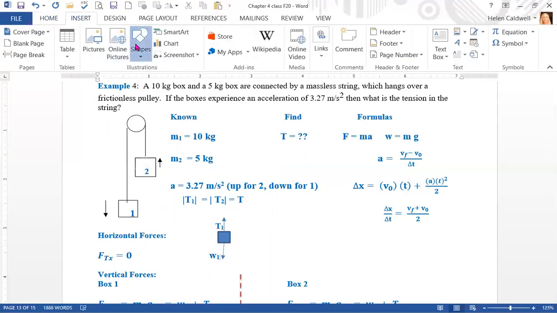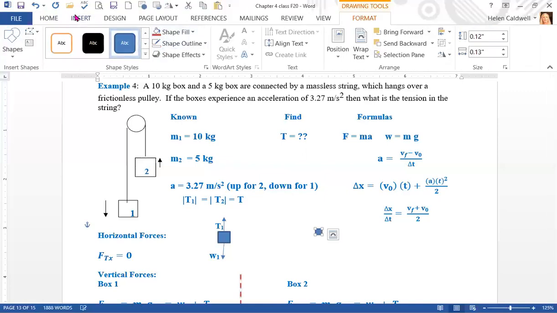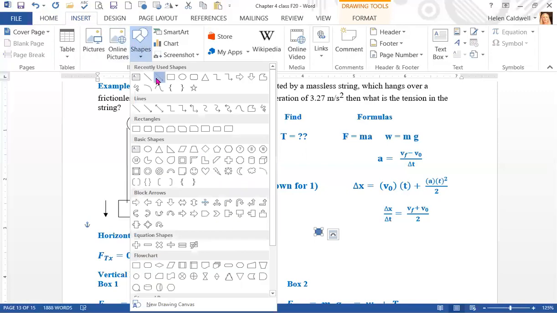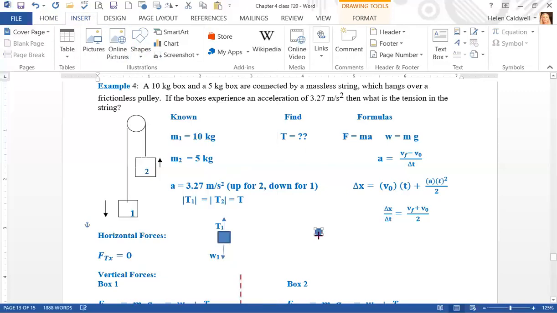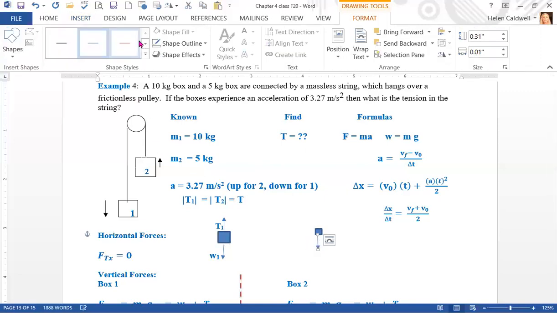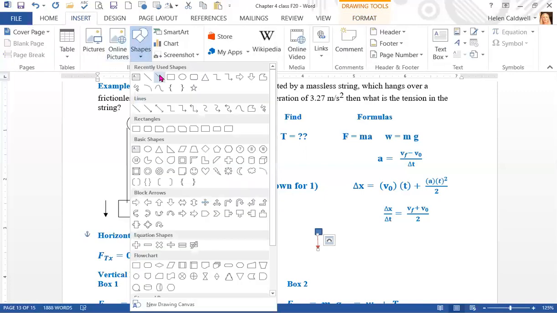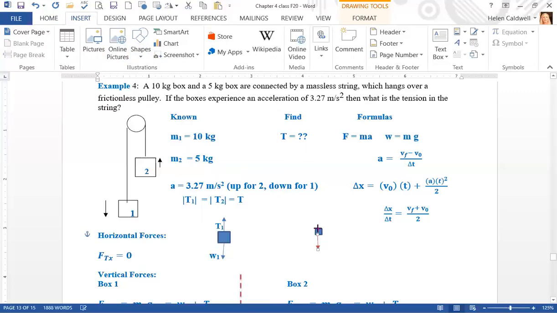And now I want to draw the free body diagram for box 2. Let's see, box 2 weighs a lot less, so I think I'll draw him small. And we want to insert some vectors so its weight comes down. Sure, we can make it orange. Why not? And then we want to have the weight, I'm sorry, the tension coming up.